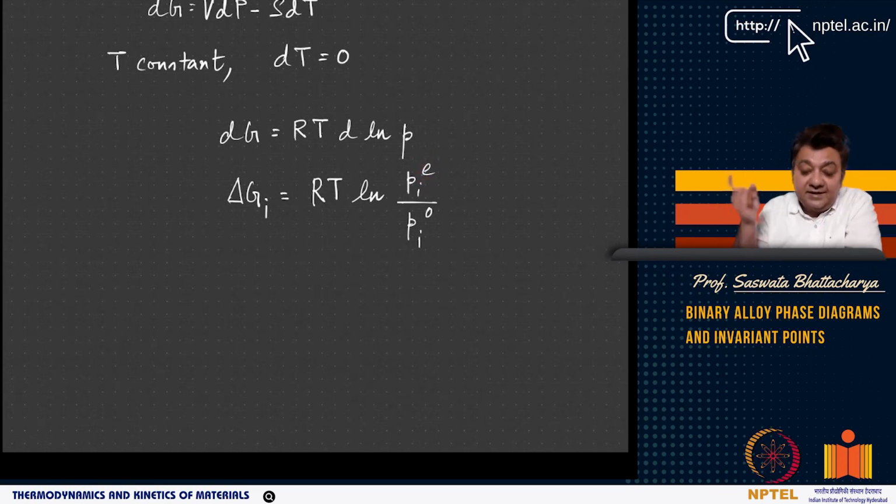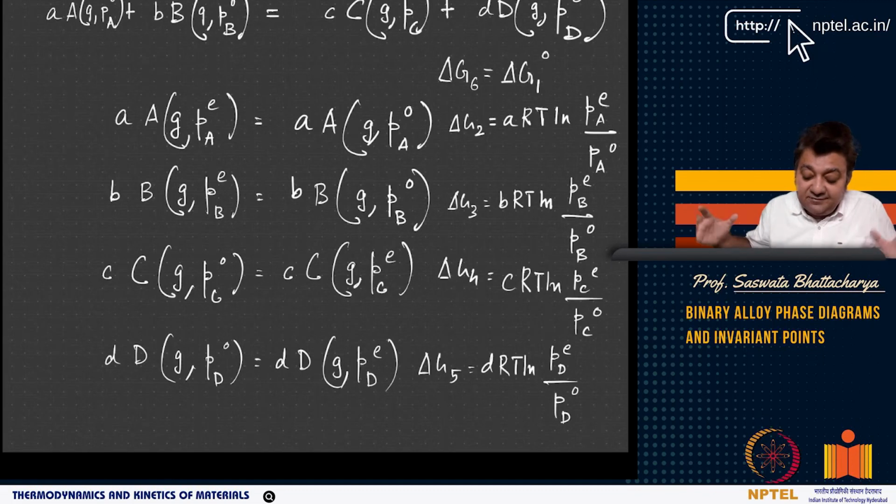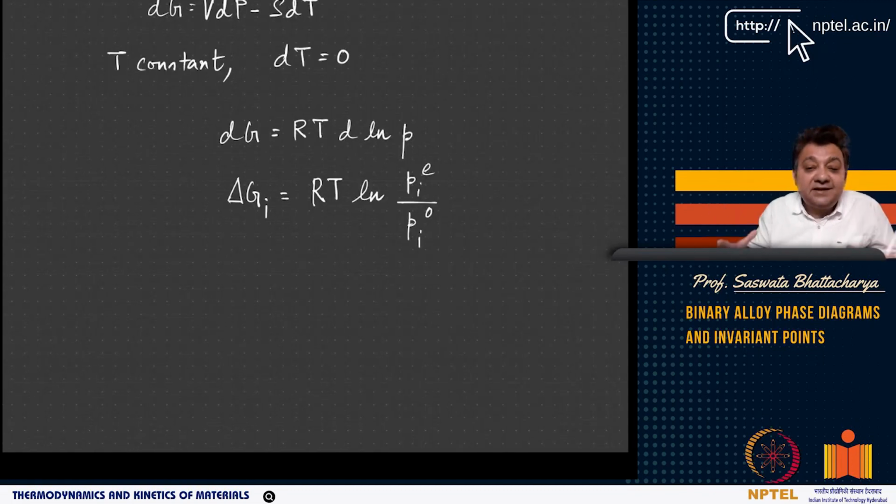So PIE is the partial pressure of component I in the state where I is reacting, meaning there is a reaction between these components and they are all at equilibrium, right? So basically PIE is when A, B, C and D coexist. They coexist.